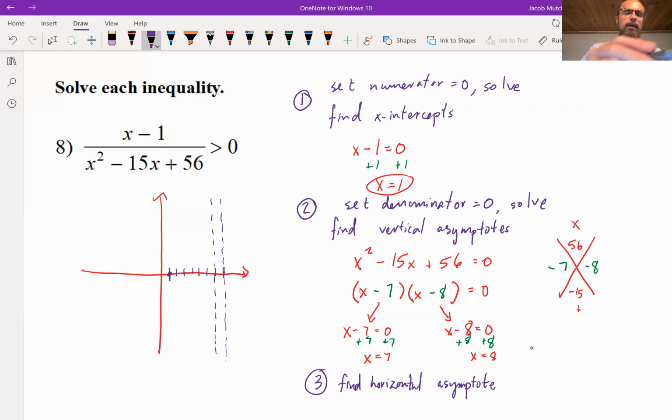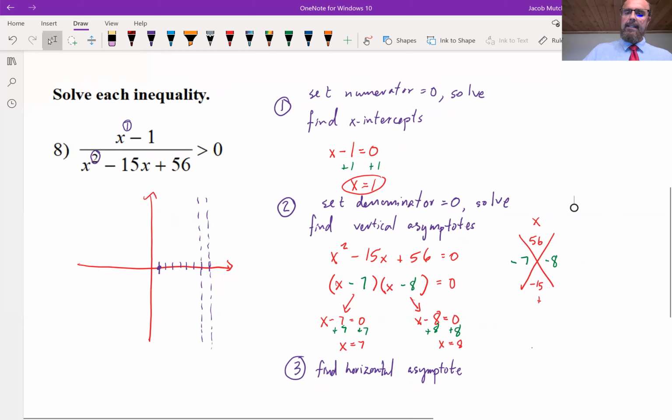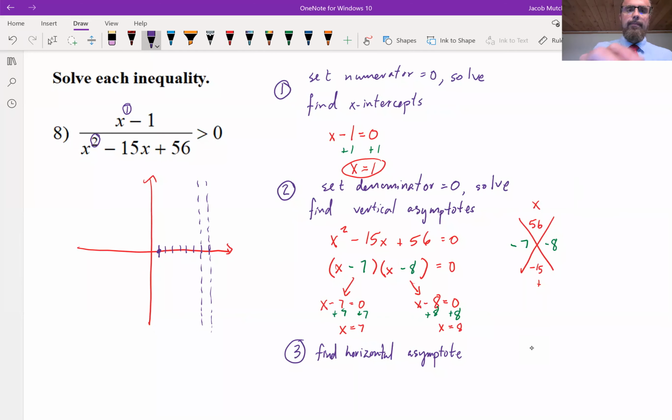So I'm looking here, my high power in the numerator is a 1, high power in the denominator is a 2. So that's the second case that we mentioned. If the high power is below, the horizontal asymptote is at the default position at the x-axis. So I'm going to record that here.